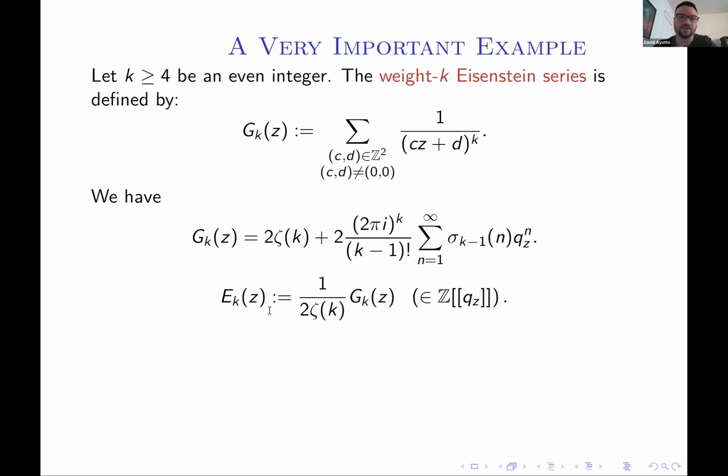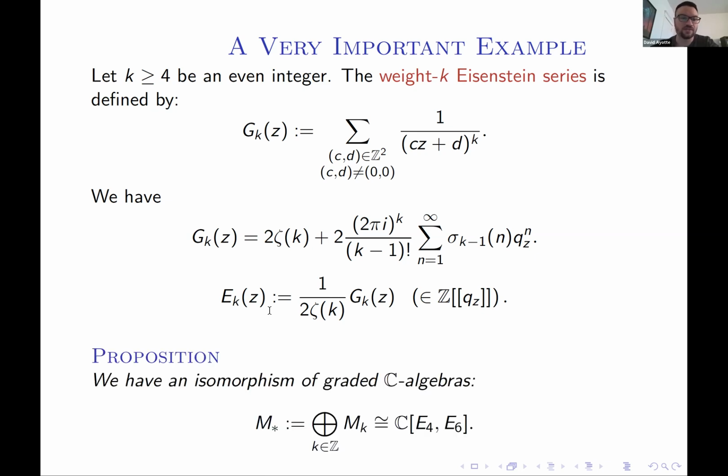And why did I say it's a very important example? Because we have this result. We have an isomorphism of graded C-algebras given by this. So this is what we call the ring of modular forms, the direct sum over all the weights. It is isomorphic to this polynomial ring.